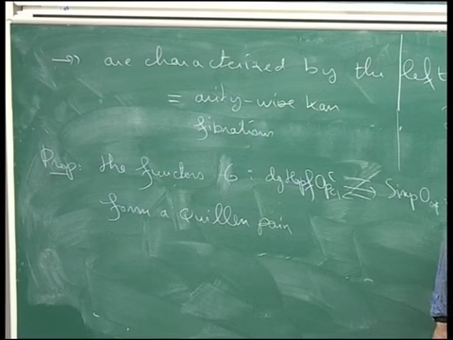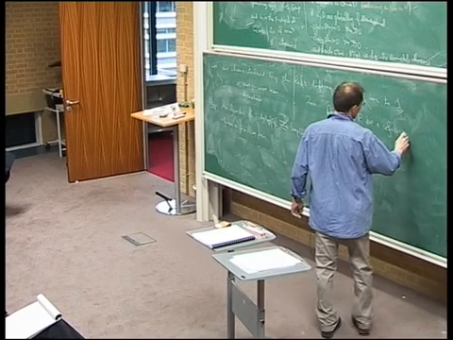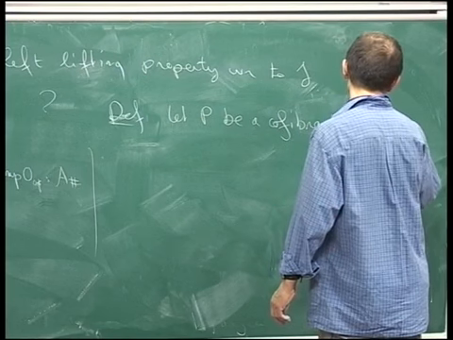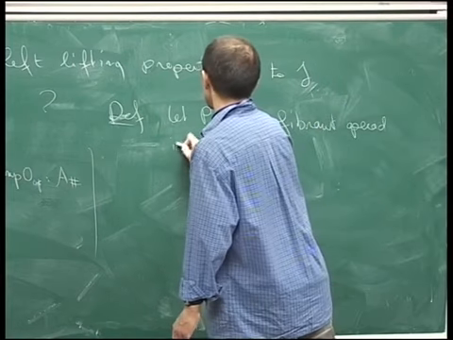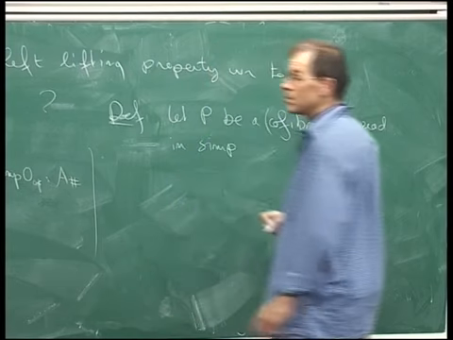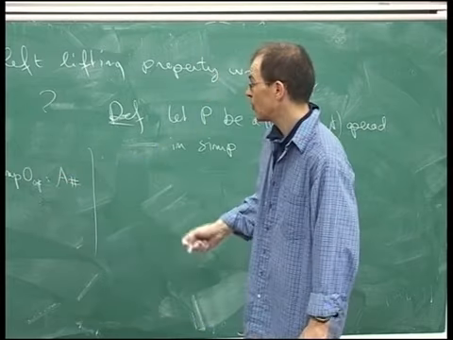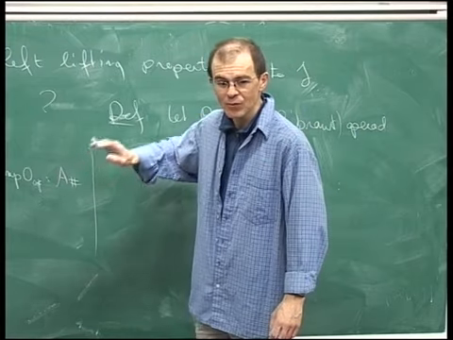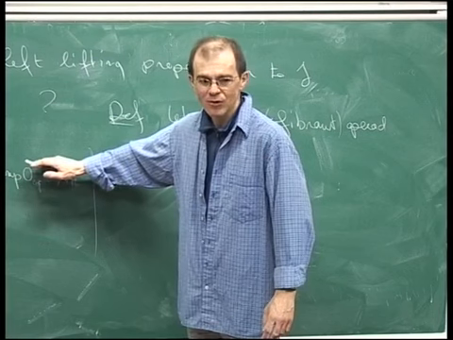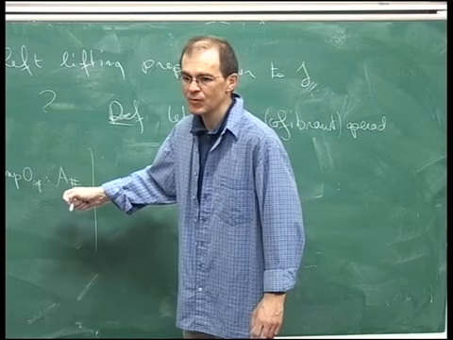Now I start with a covariant operad in simplicial sets. I can apply the functor A sharp. Not all objects are covariant in this category, so when I apply A sharp, I have to restrict myself to covariant objects.